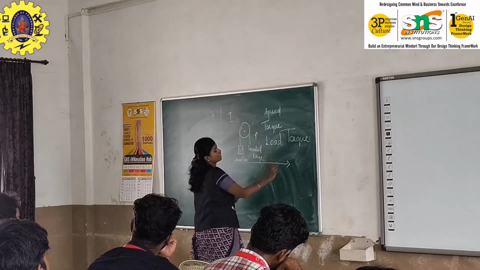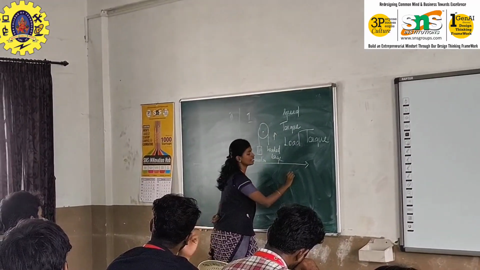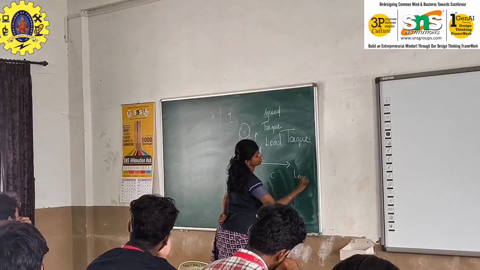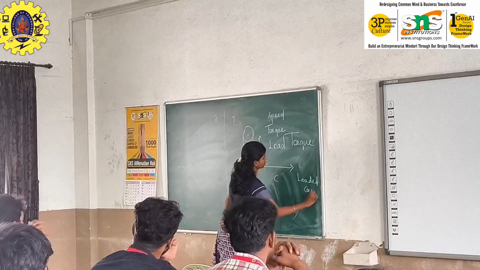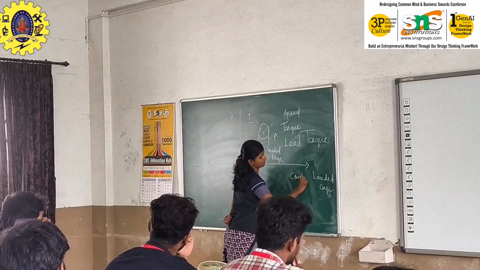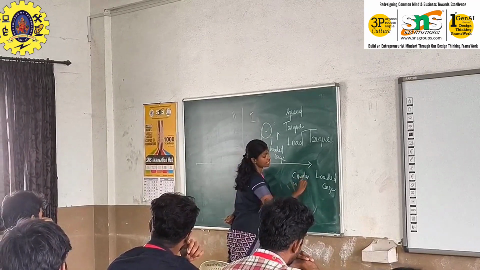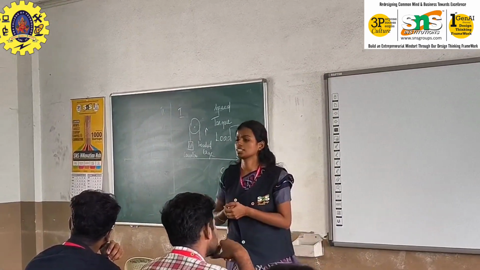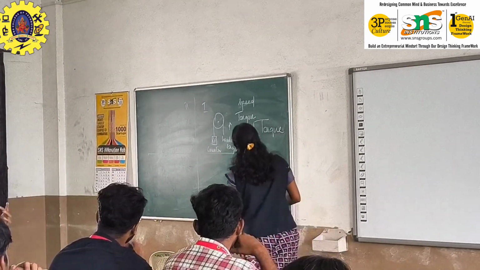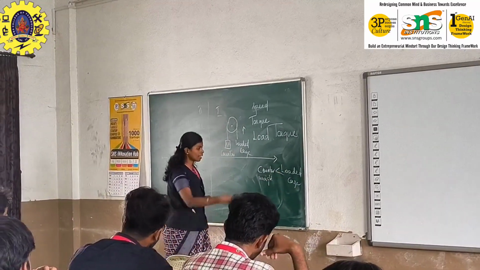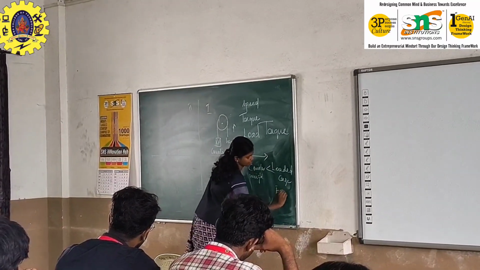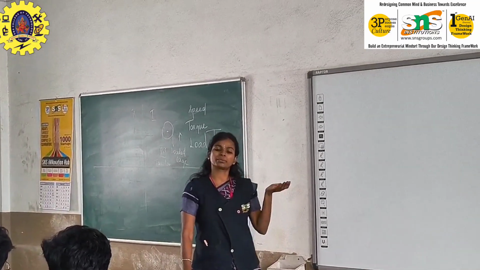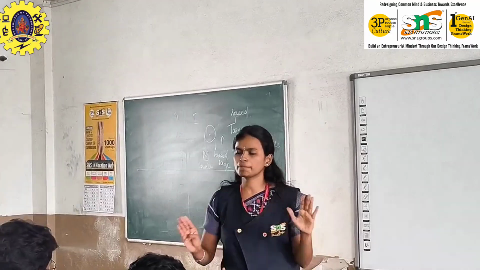Normally the loaded cage, keep this in your mind, will be heavier. Counterweight will be more than weight or loaded cage? Loaded cage will be more than the counterweight. And if you have an empty cage, what about that? Empty cage or counterweight, which will be more? Counterweight. Okay, just be clear with this.